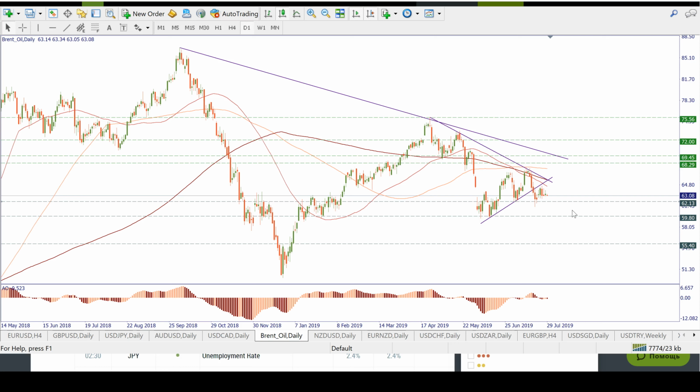The technical levels prevent the price from getting significantly higher. We see that there is a kind of resistance on the 4-hour chart. So the near-term risk is for the price to go down and test levels about $1 lower from the current 63 mark. So that may be a chance of some trading as well.